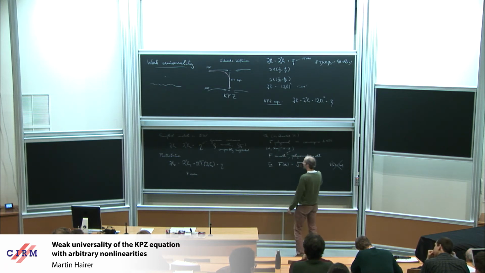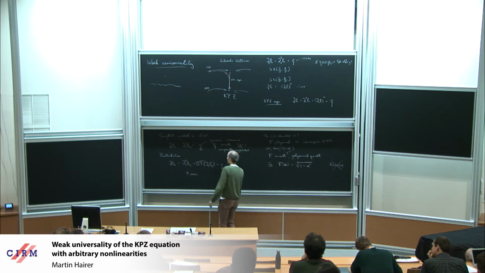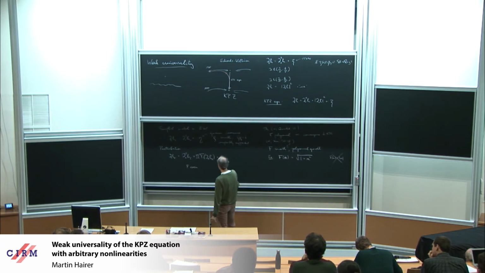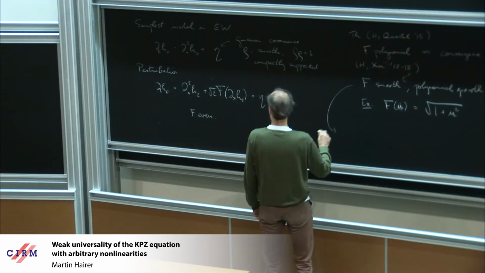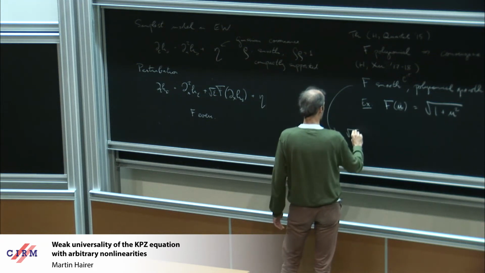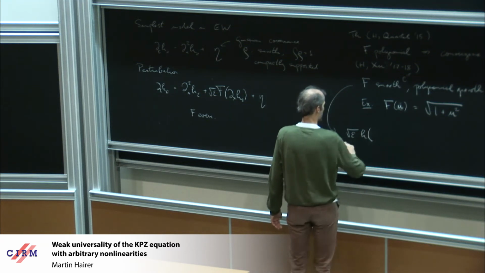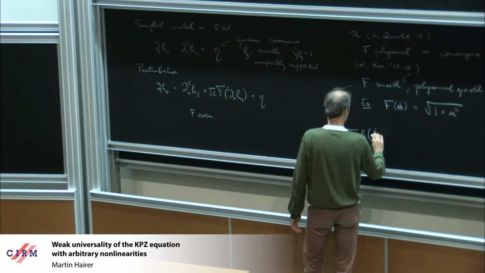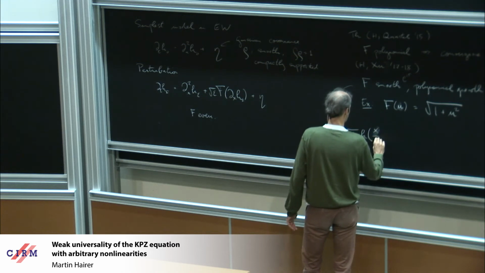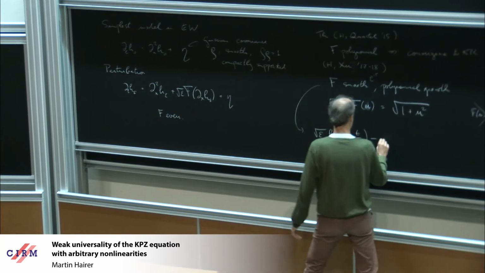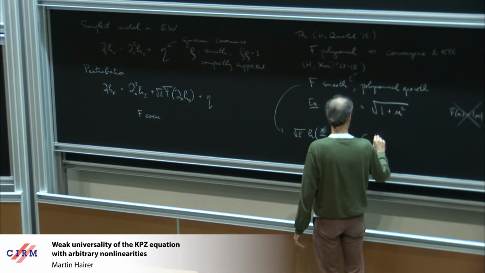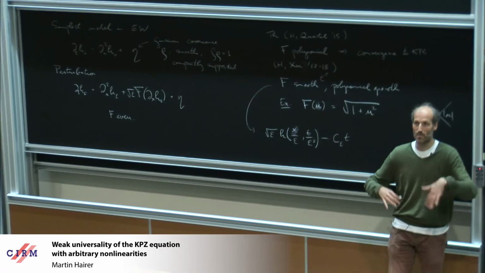Let me just write down what descaling is. The scaling under which this converges is really, you look at square root of epsilon h of x over epsilon, t over epsilon square, and then you have to subtract the average speed.